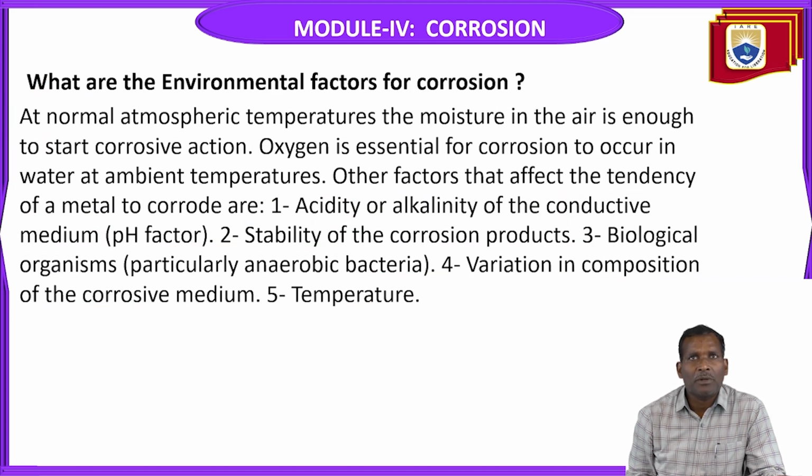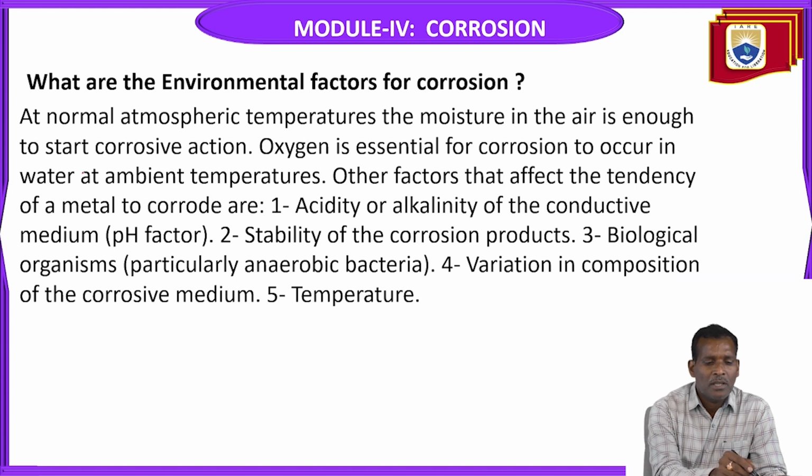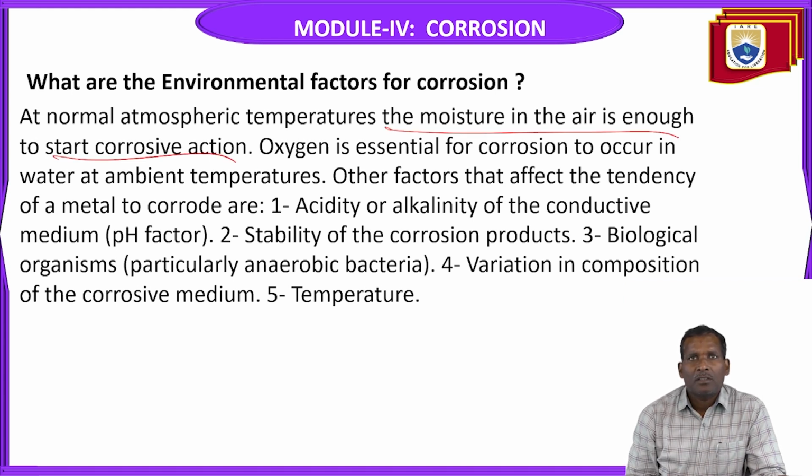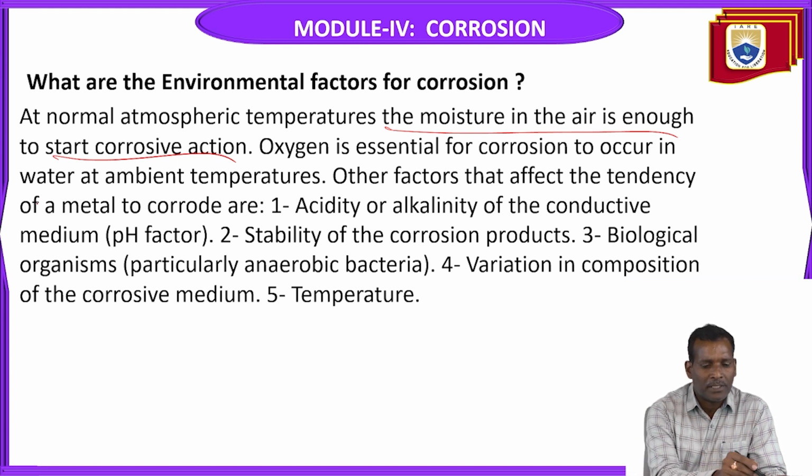Next, what are the environmental factors for corrosion? At normal atmospheric temperatures, the moisture in the air is enough to start the corrosive action. Oxygen is essential for corrosion to occur in water at ambient temperatures.